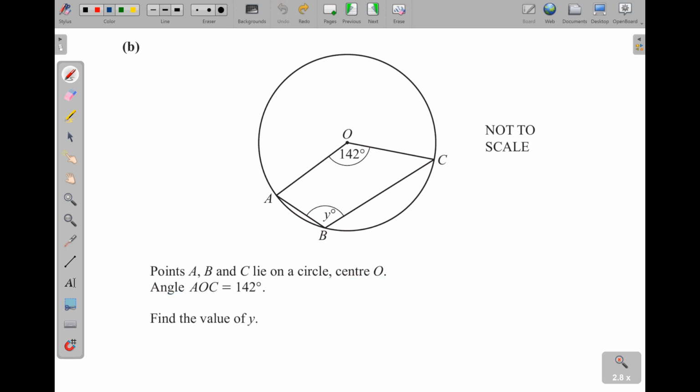Now, people can confuse these two, thinking that this one here is the angle at the center, therefore this is the angle at the circumference. No, if the angle at the circumference, the arc that forms it, if the arc is like this here, then that means the angle at the center is also going to look like it.